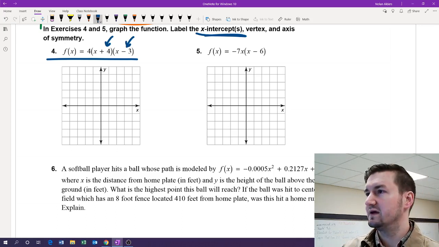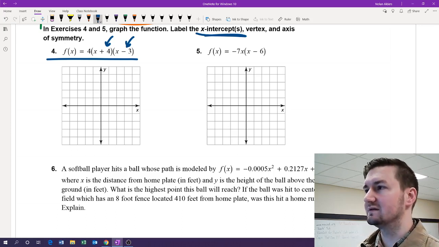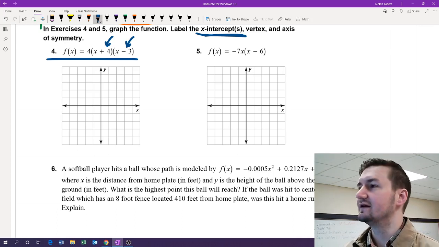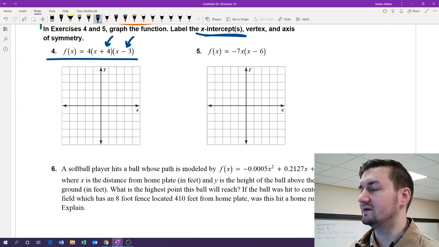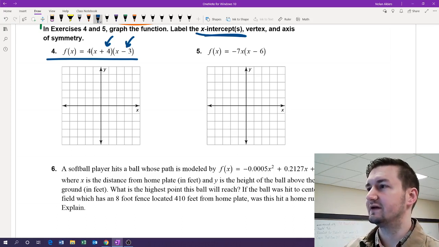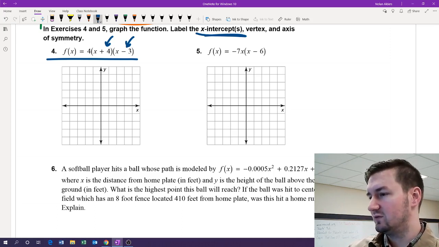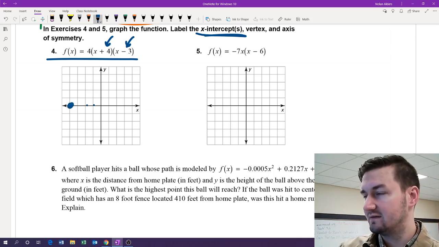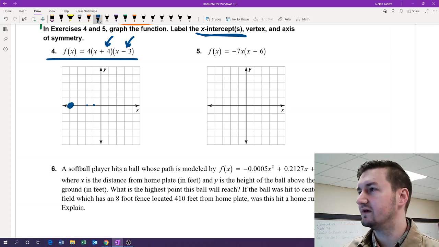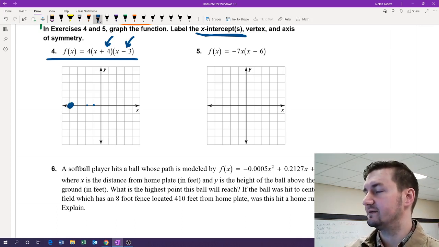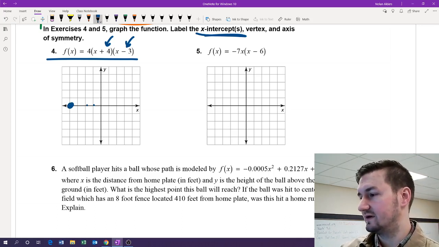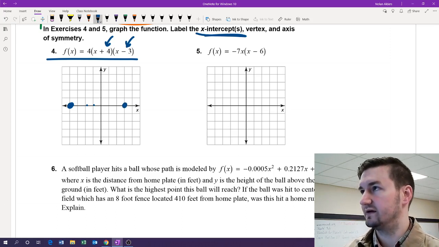If you have the function factored, or listed as factors like this, then the x-intercepts are really easy to find. So we have one at -4, and we'll say these go by ones this time. 1, 2, 3, 4. So we have one x-intercept here at -4, and then we also have an x-intercept at +3. 1, 2, 3. So we have one right here.